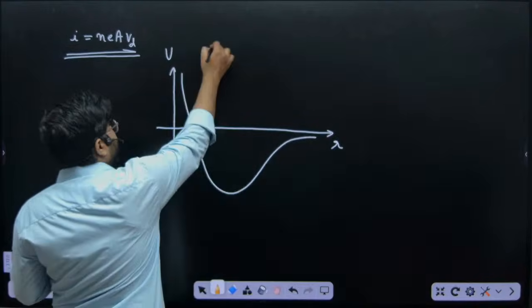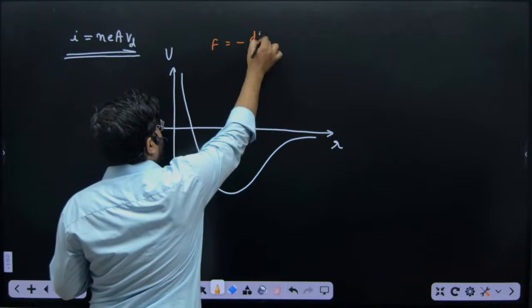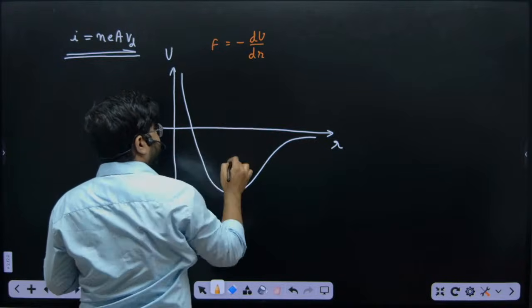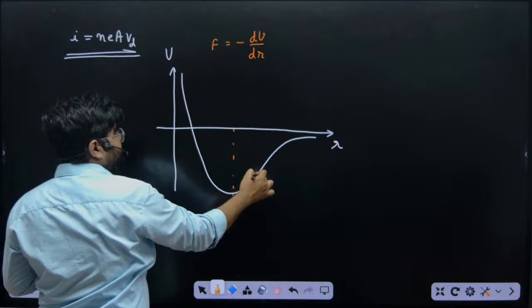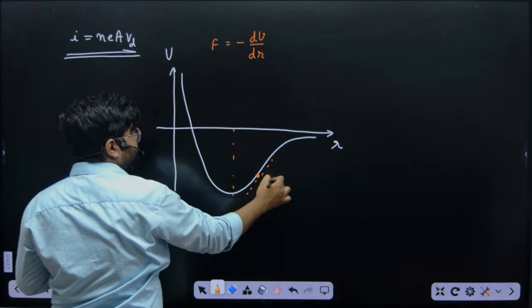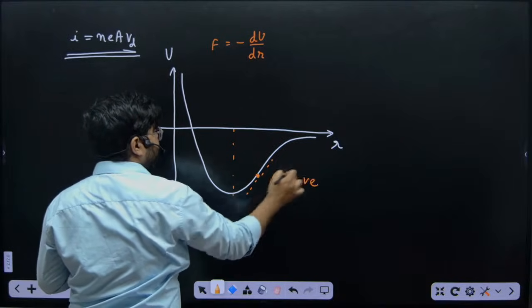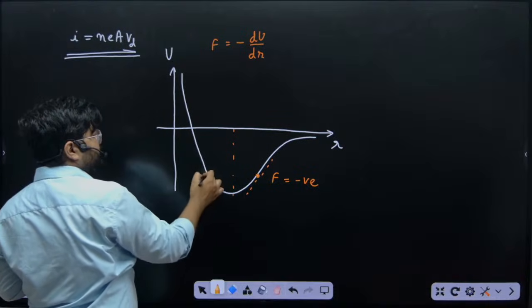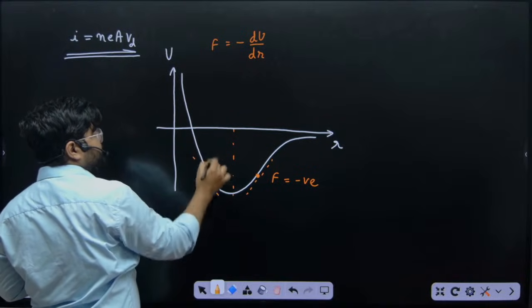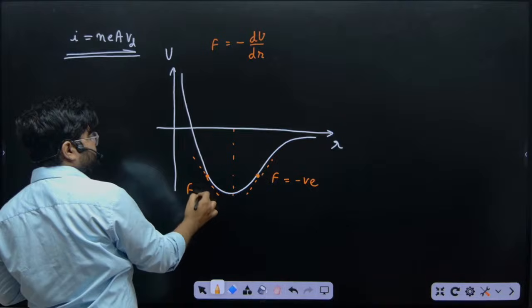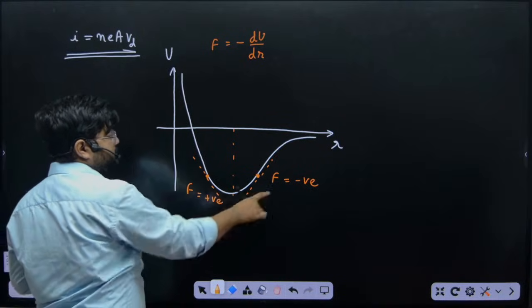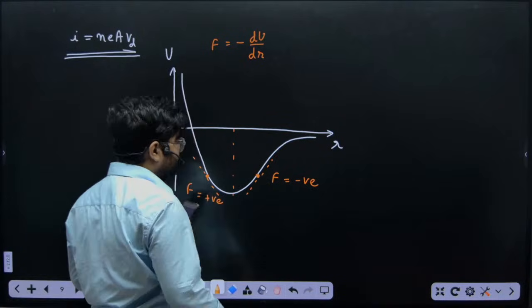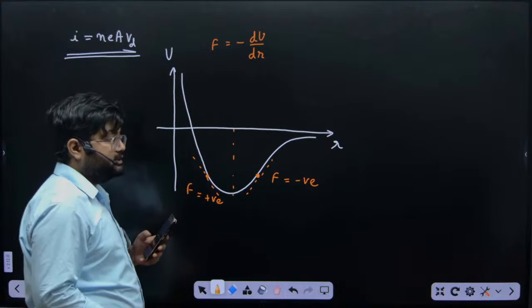Now we know that force is minus dU by dr. Here the slope dU by dr is positive, so the force is negative, attractive. At this point the slope is negative, so the force is positive. Negative force means attractive force, and positive force means repulsive force.